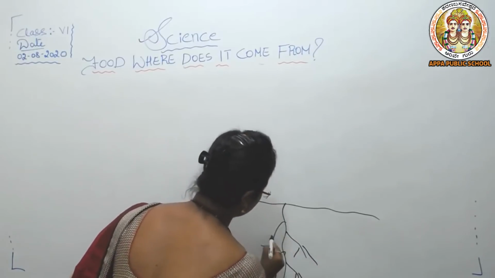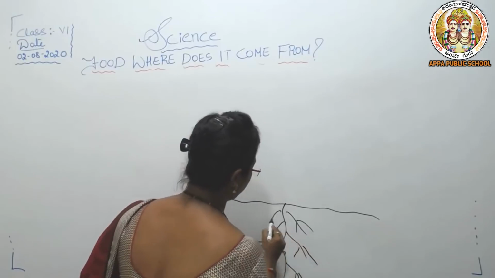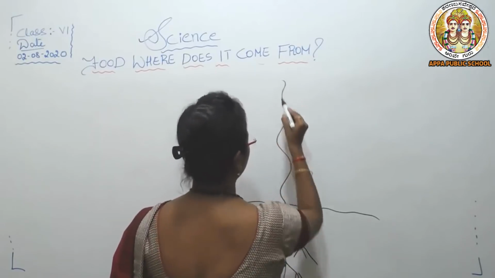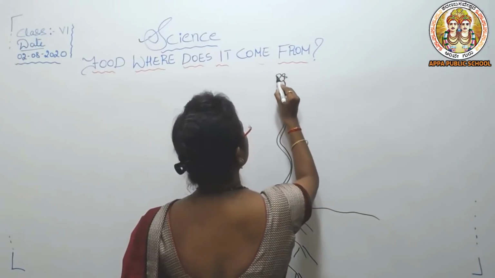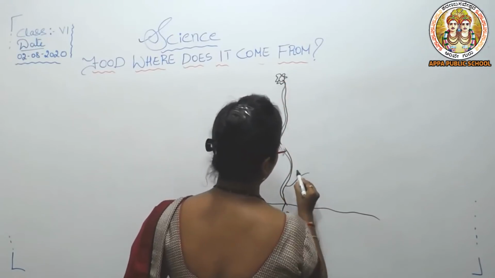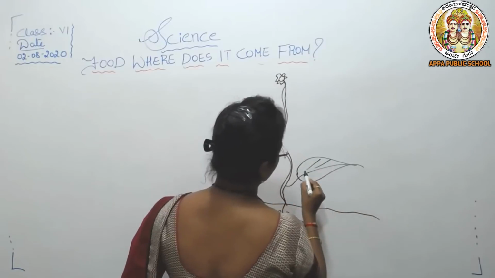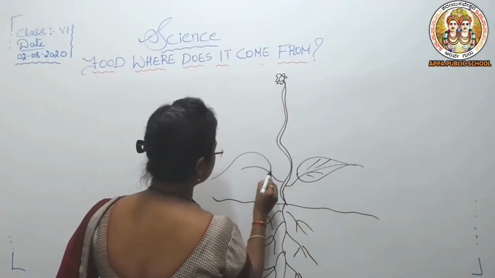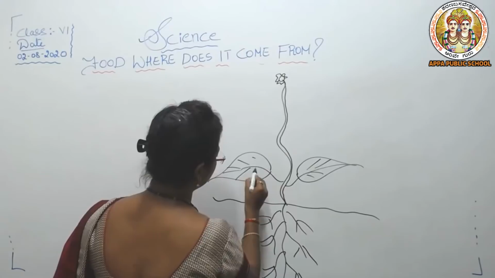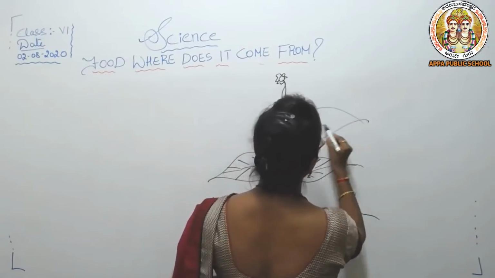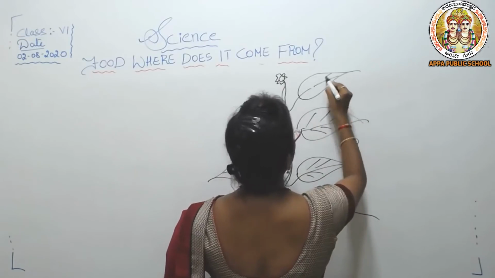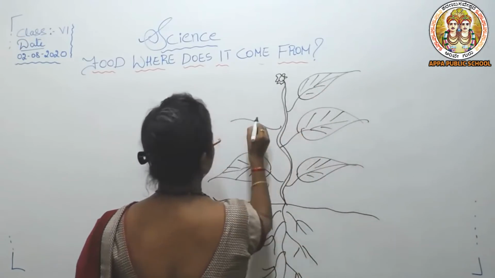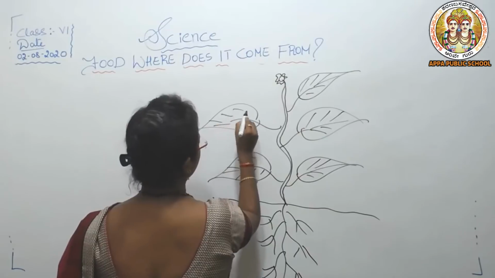So this is a rough diagram of a plant. This diagram is very important. Try to practice it at your home.